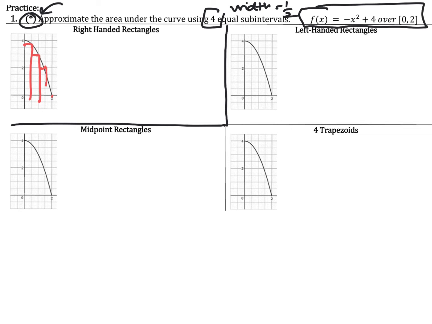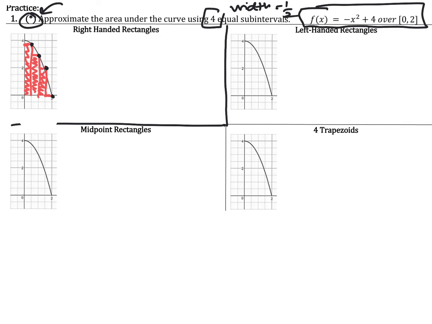And it shouldn't be going below the x-axis. I'll erase that. And then this last one is actually going to have an area of 0 because the right-handed point is on the x-axis. So again, we went to each spot and we looked at the right-handed value to determine our height. I'm going to use a different color and try to make those points, the heights of those rectangles, a little bit more dramatic so that you can see it.